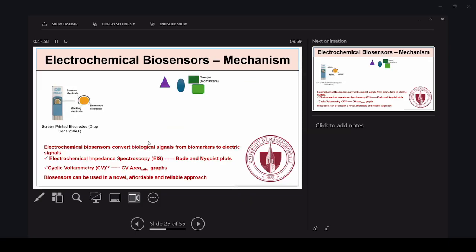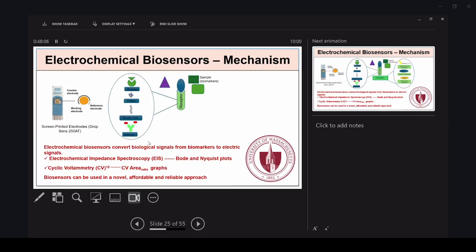Yeah. So as I mentioned, in the working electrode, we have the sample biomarkers, and these sample biomarkers can be attached to a receptor. The sample biomarkers are nothing but the ligand, and this one is the receptor. To understand it in an easier way, just think of the lock and key model.